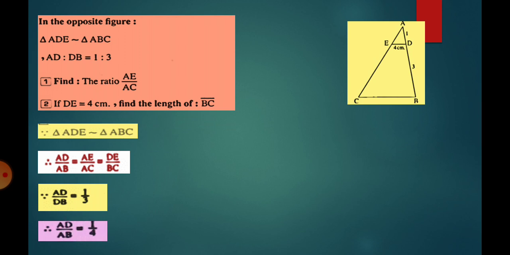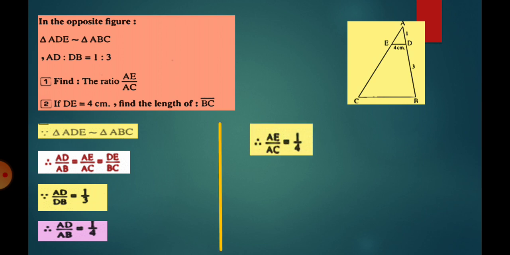Then the ratio between AD to AB equals 1 to 4. You want to find the ratio between AE to AC. AE to AC equals AD to AB. AD to AB equals 1 to 4. Then the ratio between AE to AC equals 1 to 4.